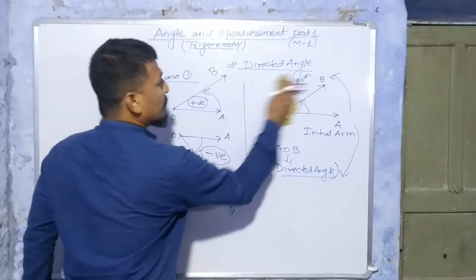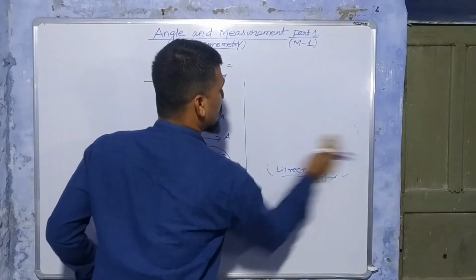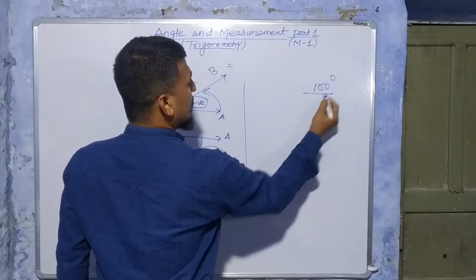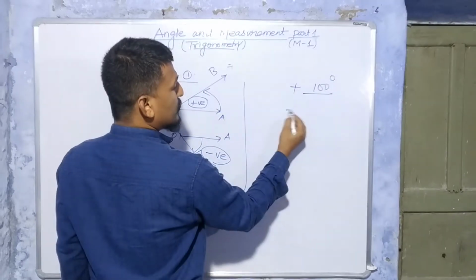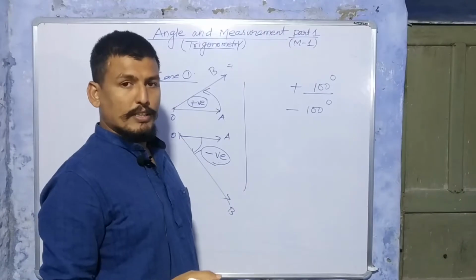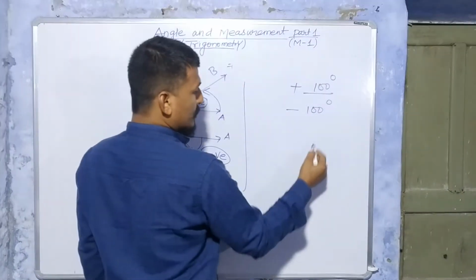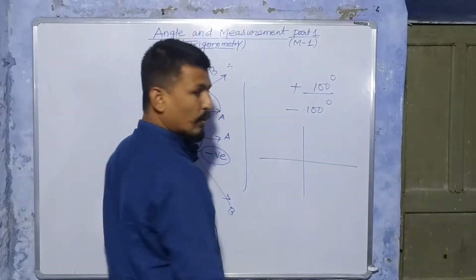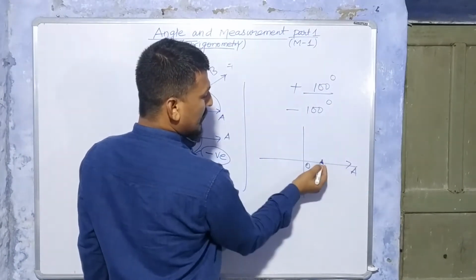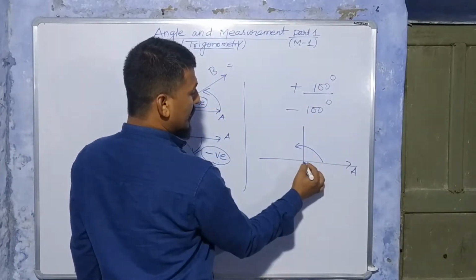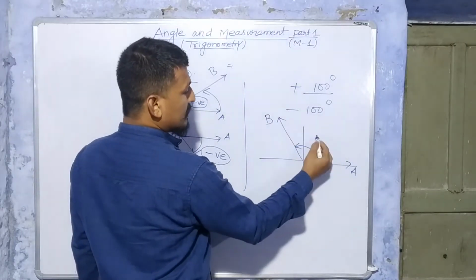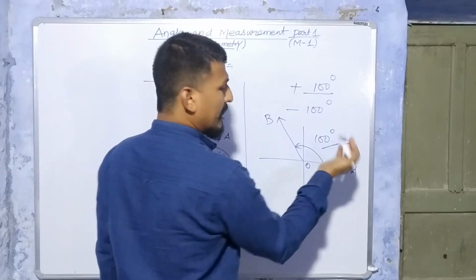So let's take one more example. Suppose you have to draw plus 100 degree and minus 100 degree. See, plus 100 degree means the rotation is anti-clockwise. So if I am taking a coordinate system, this is O, this is A, and this is positive 100 degree.